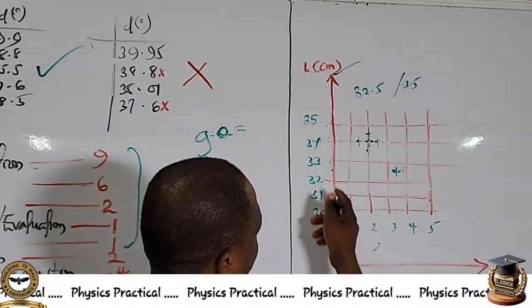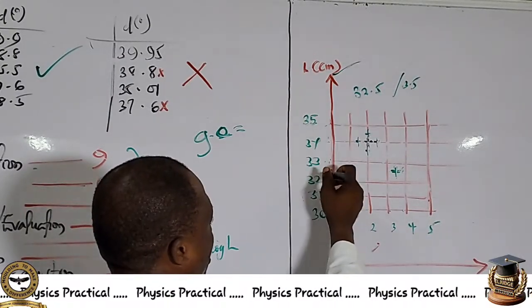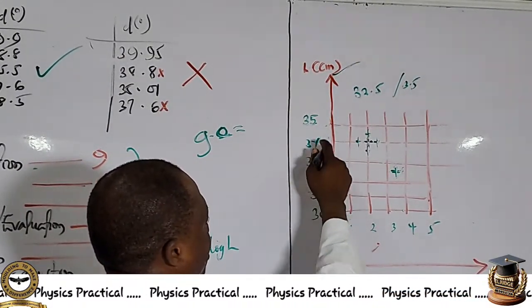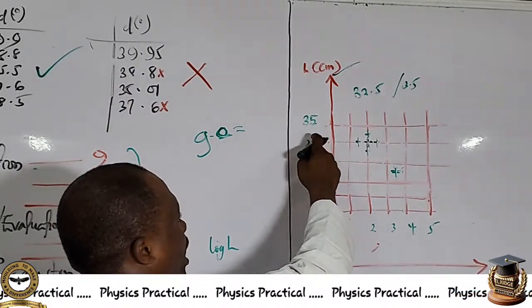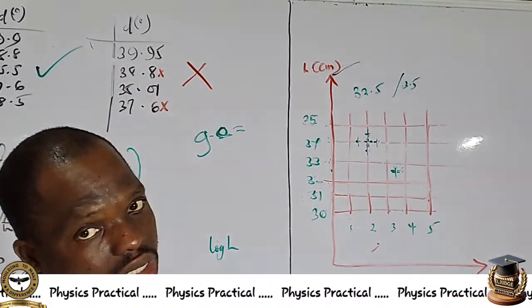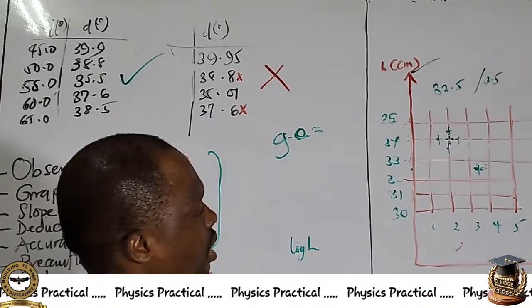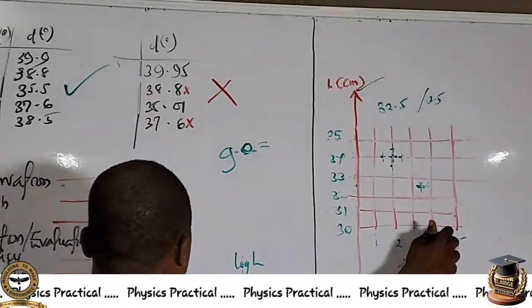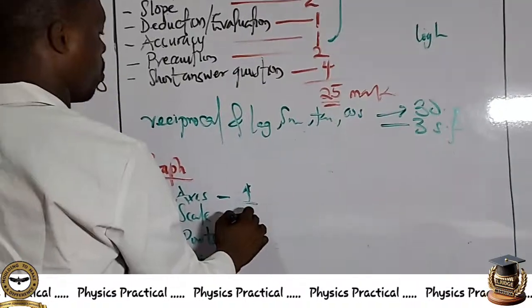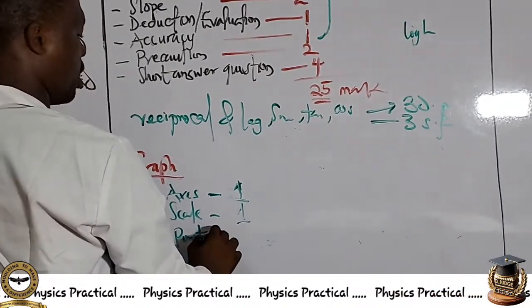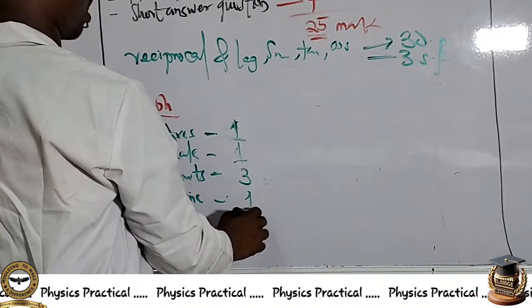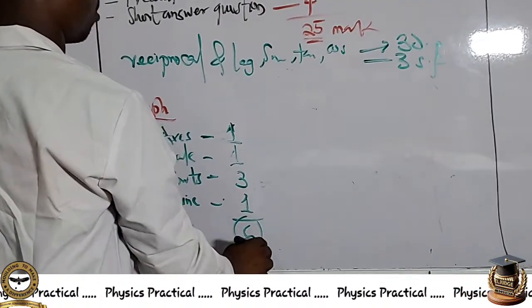In another case, I'm having 5 here, and I have 31 here. If 31 is here, 32 will be here, or 32 will be here. Then this one is automatically not 35. In that case, I have a wrong scale, so minus here, half here, so you have half mark. But this is 1 mark. Points plotted 3 marks. Then line of best fit 1 mark. So everything sums up to 6 marks.